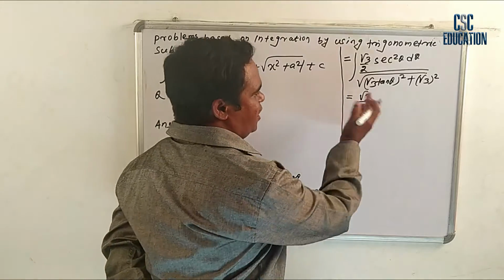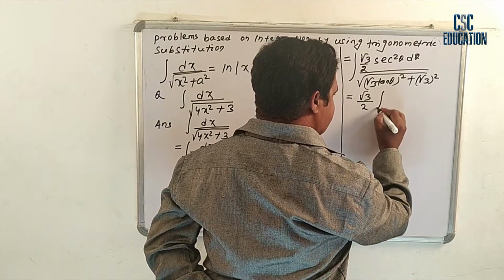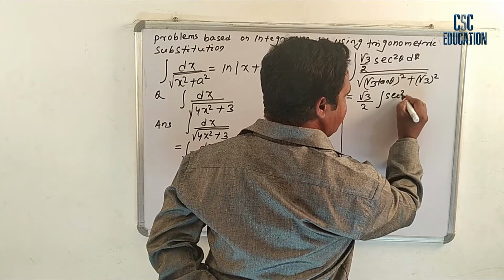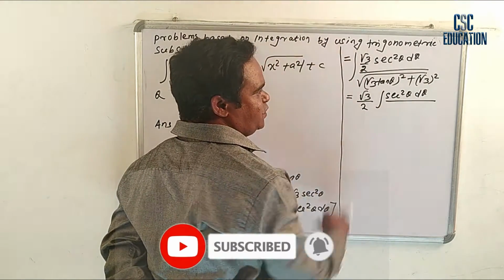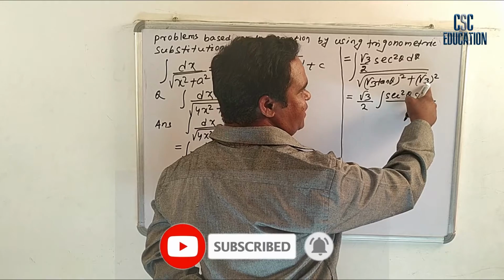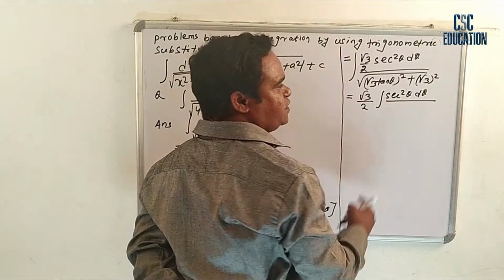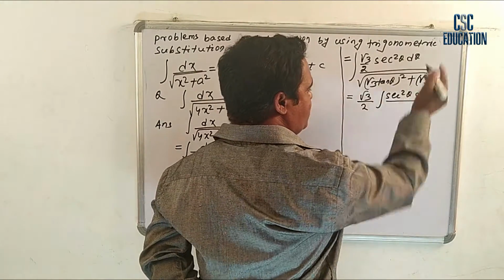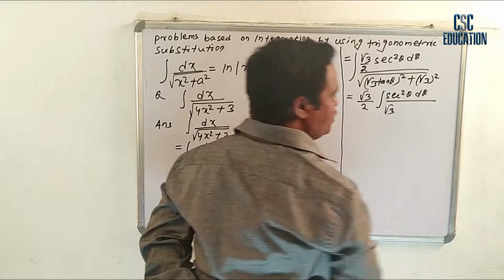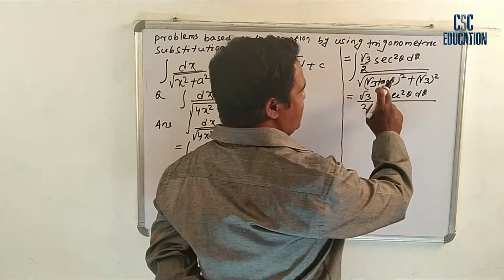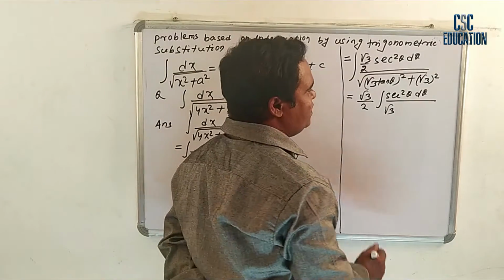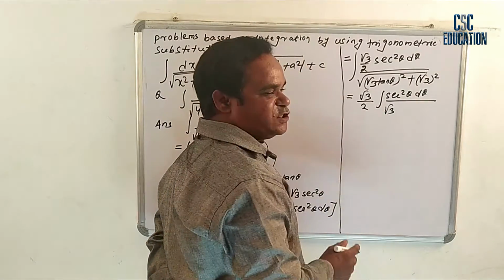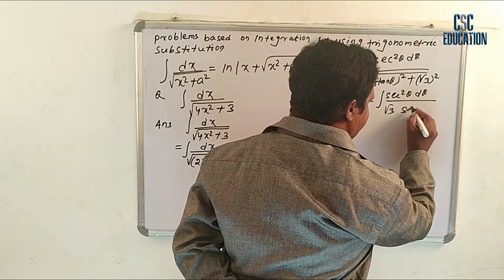In the denominator, root 3 square is common, so the value is root 3 times the square root of tan square theta plus 1, which is sec square theta, and the root is sec theta.